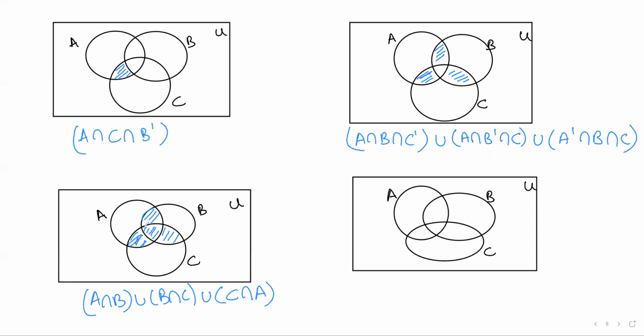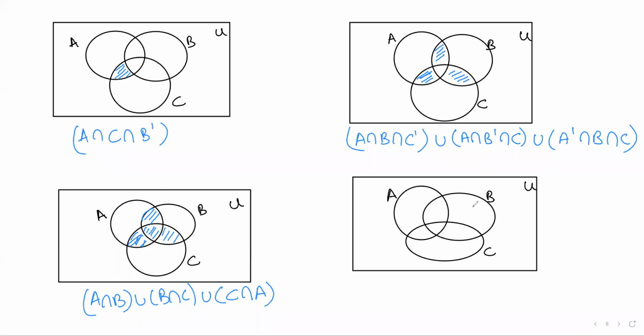B intersection C would be this particular part. A intersection B is this part. B intersection C is this part. And A intersection C is this part. So anything in here, or in here has been united.